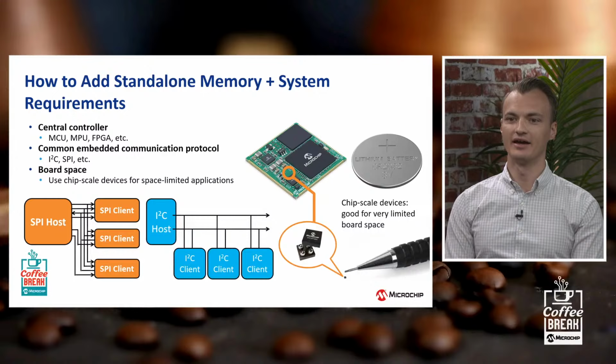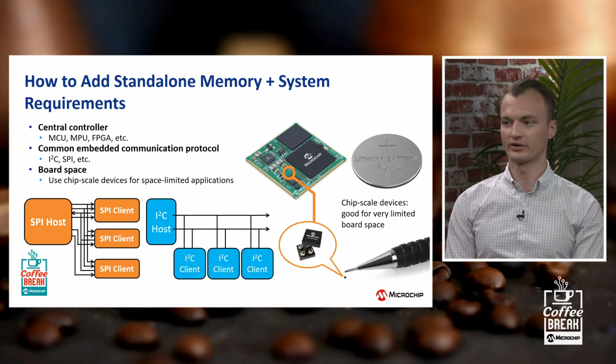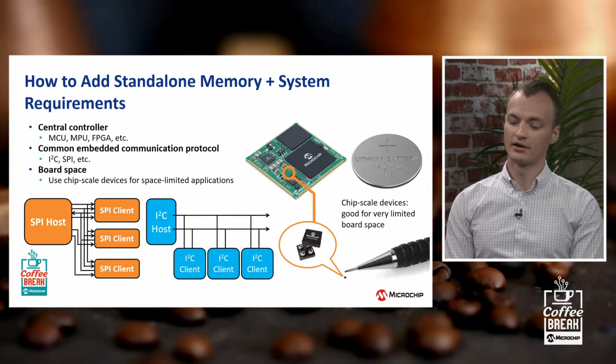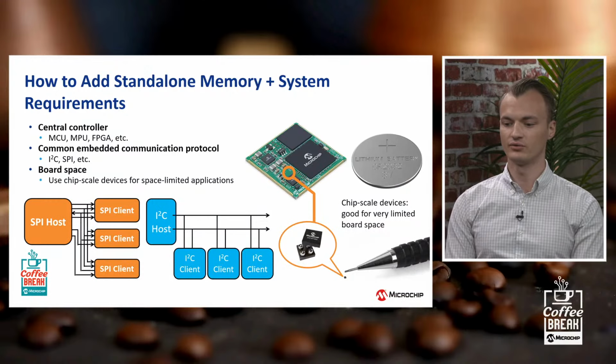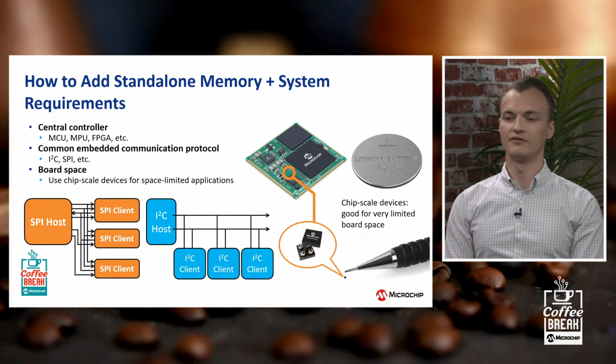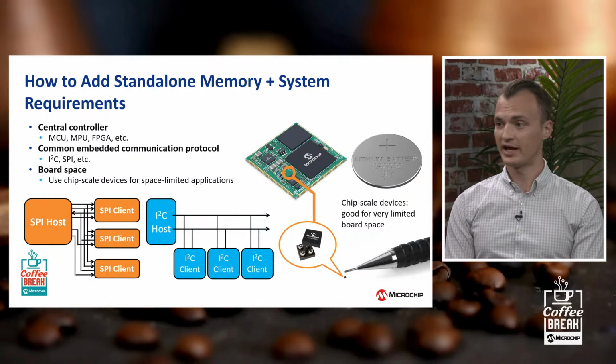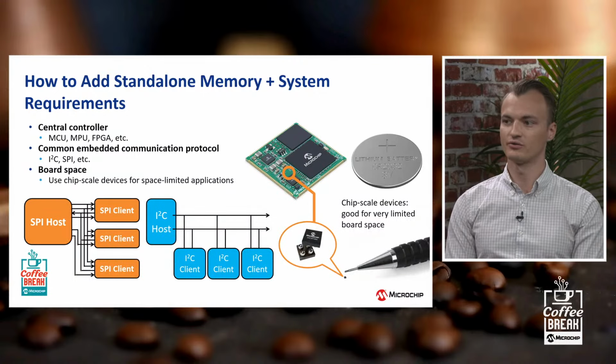And if you're using an MPU or an FPGA, those aren't going to usually come with that circuitry built in, so you have to find a way to make that work. Another consideration is the type of memory you're going to use will have an impact on it. So if you want to use a serial flash chip, pretty much every serial flash uses SPI. So you have to make sure you accommodate that and use SPI.